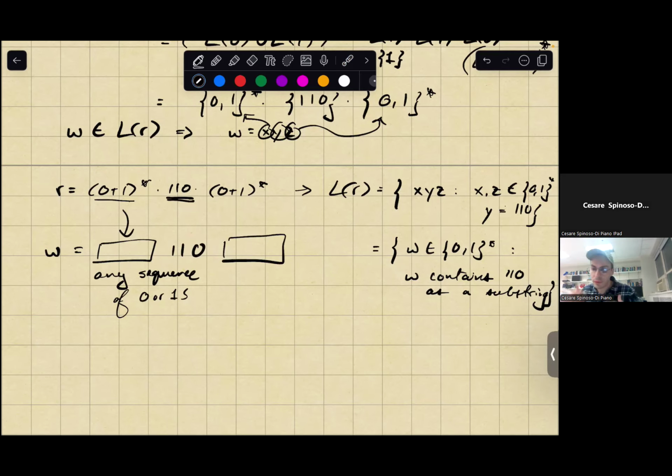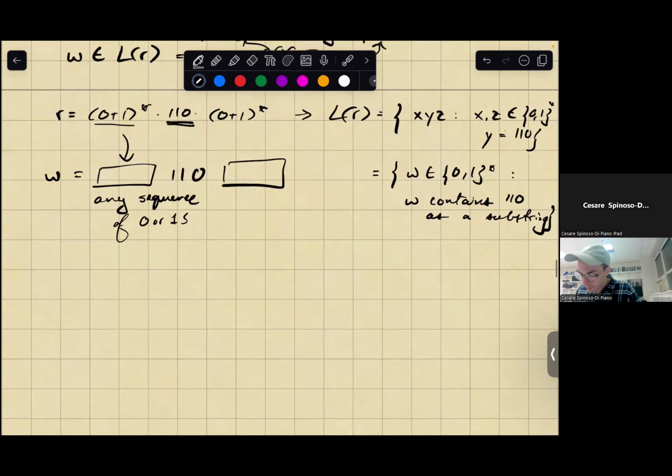So this is the quicker way we tend to identify what L of R is. We just think of the regular expression as a pattern matching formula, and we think of what strings will match with R and which strings will not. And that's also super useful in terms of knowing how to design regular expressions.